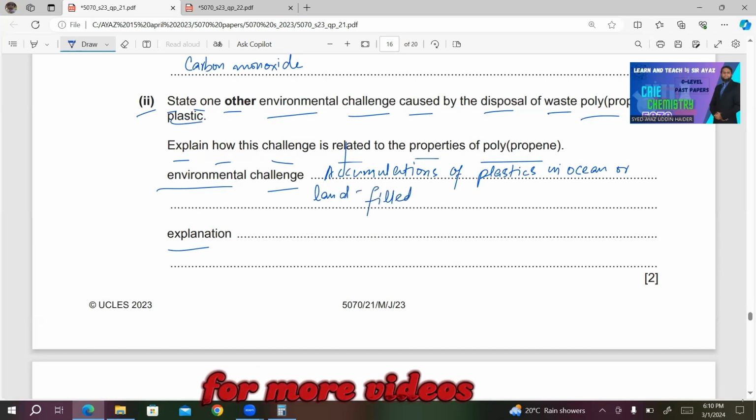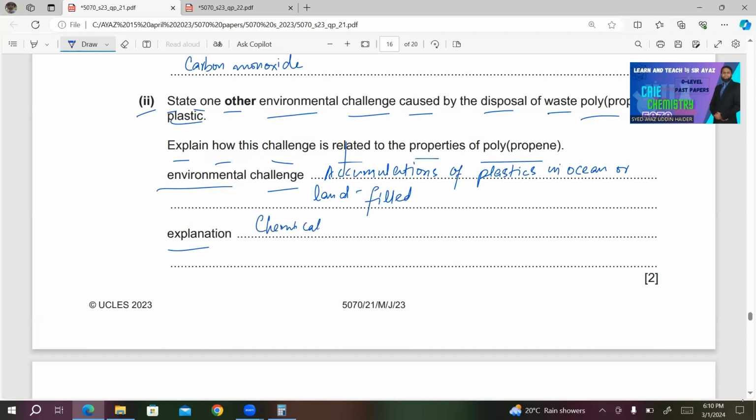Now, the explanation for this is that they are chemically unreactive or do not dissolve in water.